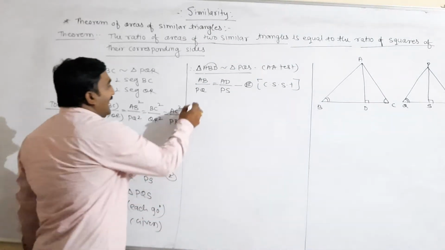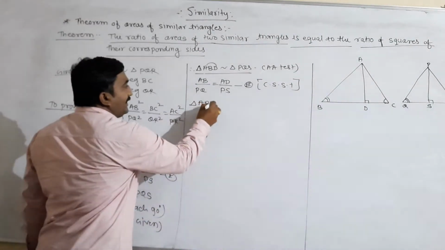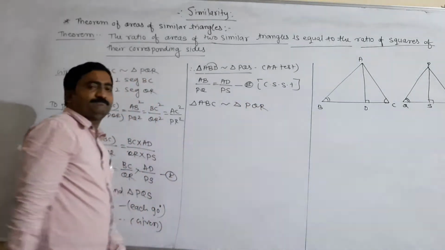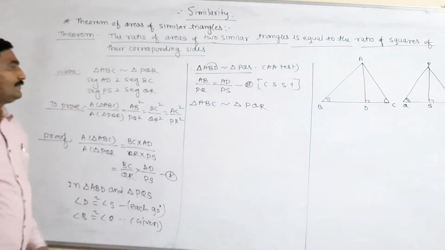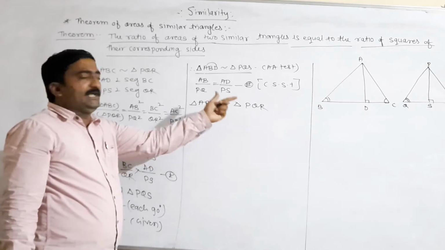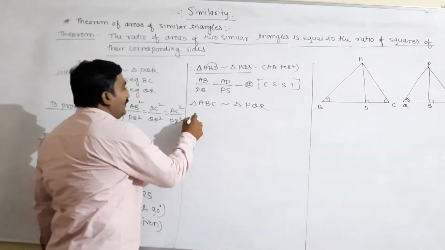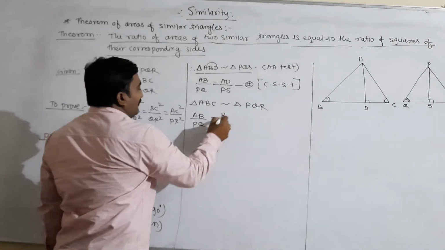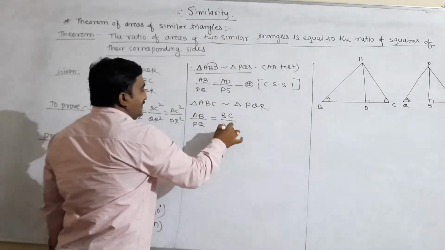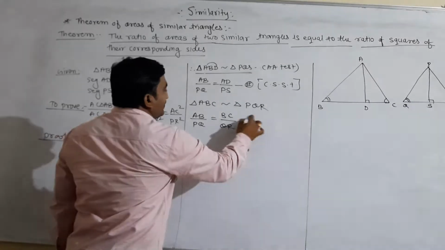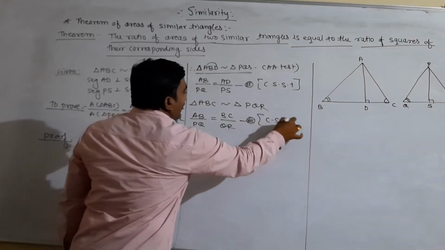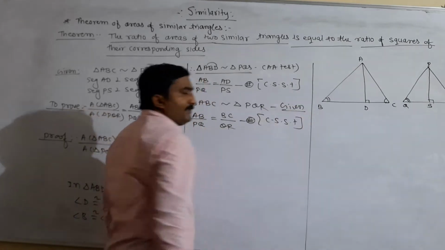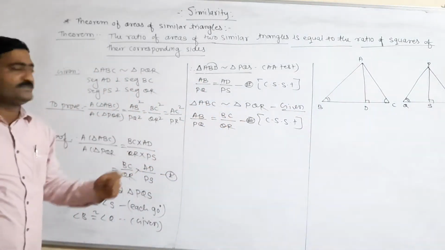Then we know that triangle ABC is similar to triangle PQR, it is given. Then we can write AB divided by PQ is equal to BC divided by QR. This is equation third, corresponding sides of similar triangles, given because the two triangles are similar.